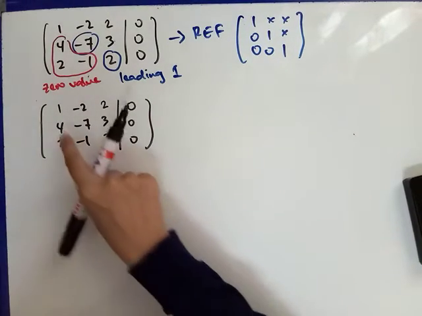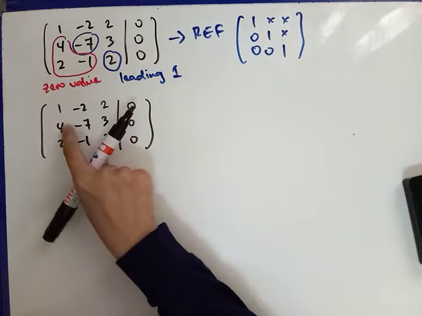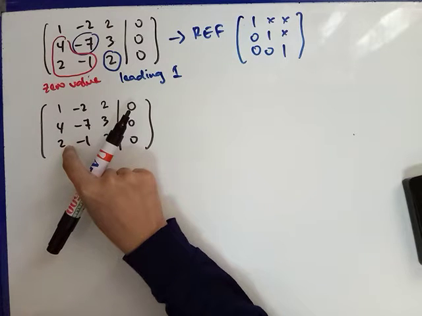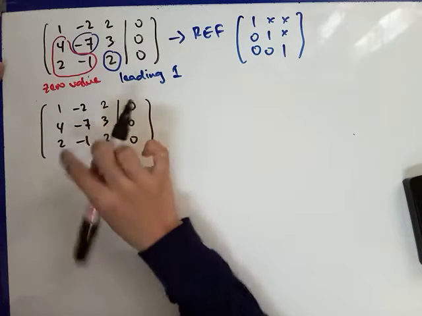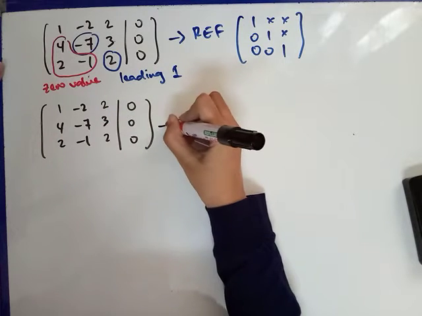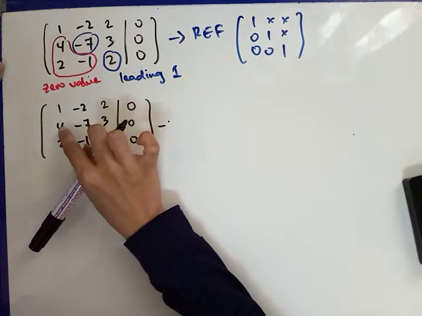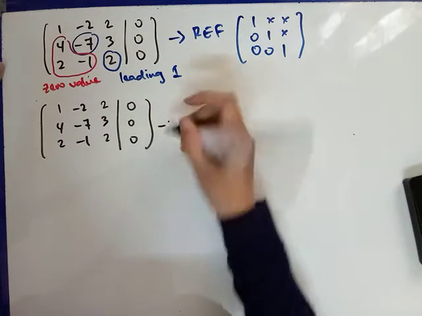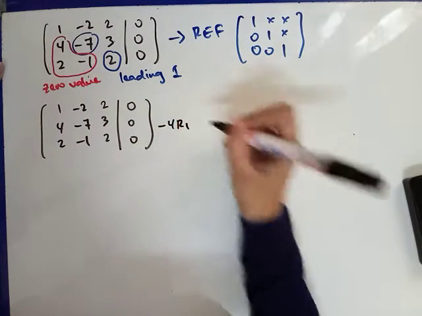Because of this second row and the third row, 4, 2, the first step we need to make this 0 value. Because this is positive 1, and this is positive 4, so -4 multiply with row 1.